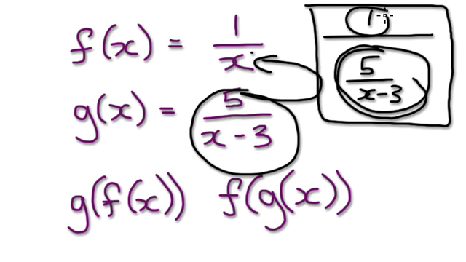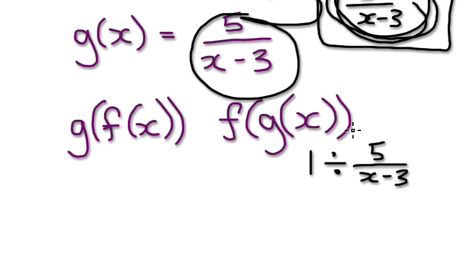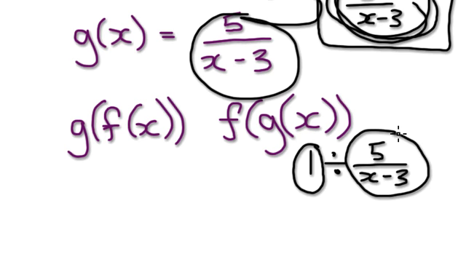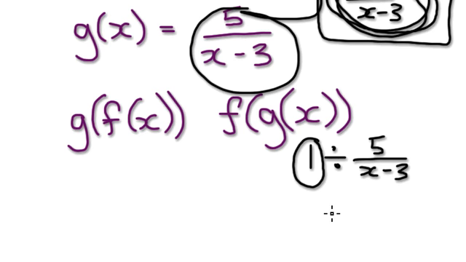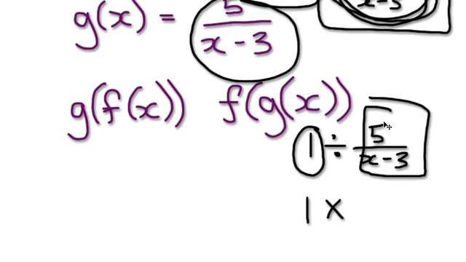So this thing here is 1 divided by this thing here. So let's try and visualize it like this: 1 divided by 5 over x minus 3. Okay. So here you've got this number 1 divided by this fraction here, and whenever you divide by a fraction, you are actually multiplying by the reciprocal of this thing here.